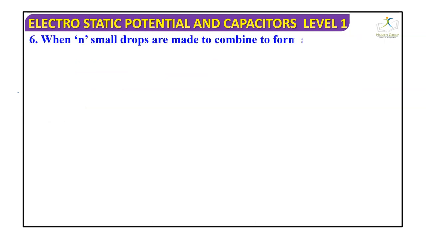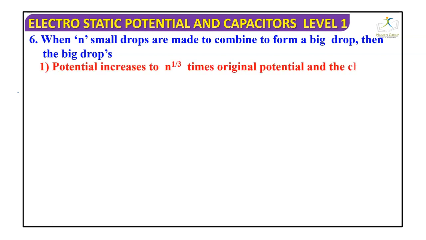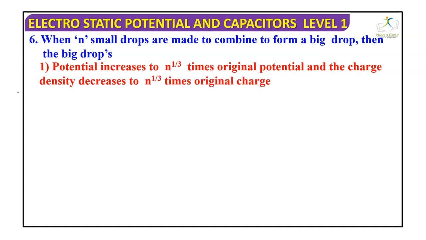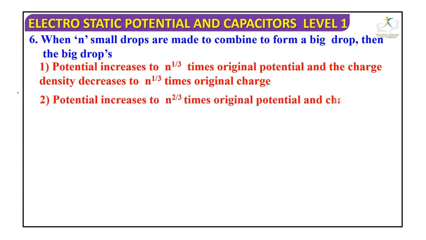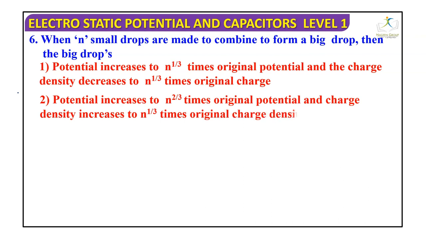We have another question. When n small drops combine to form a big drop, then first, the big drop's potential increases to n to the power 1 by 3 times the original potential, and the charge density decreases to n to the power 1 by 3 times the original charge density. Second, the potential increases to n to the power 2 by 3 times the original potential, and the charge density increases to n to the power 1 by 3 times the original charge density.